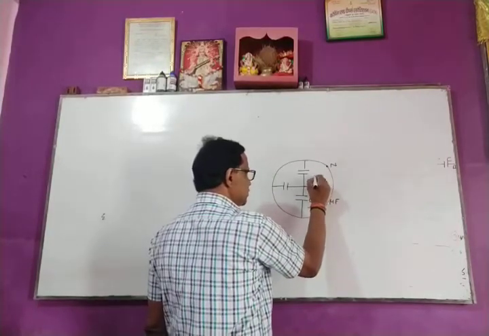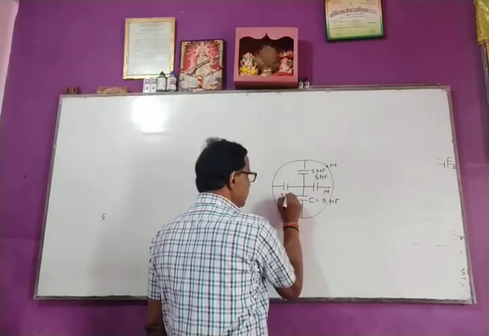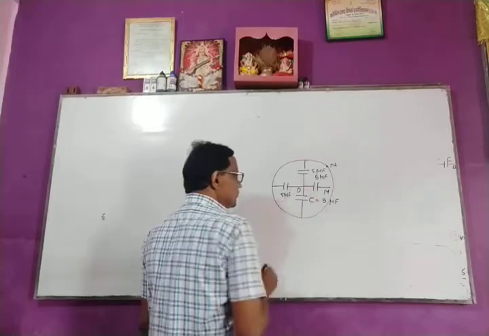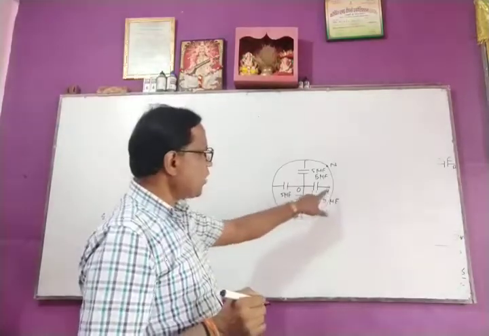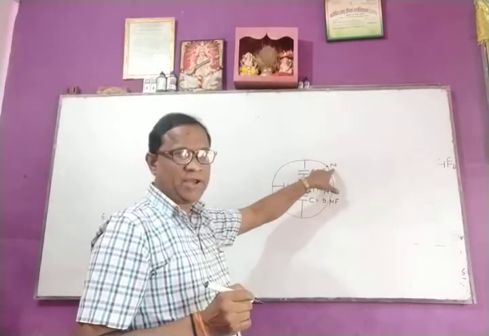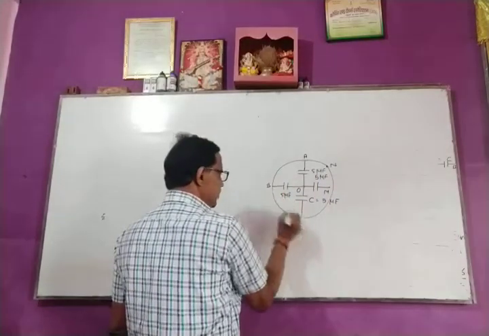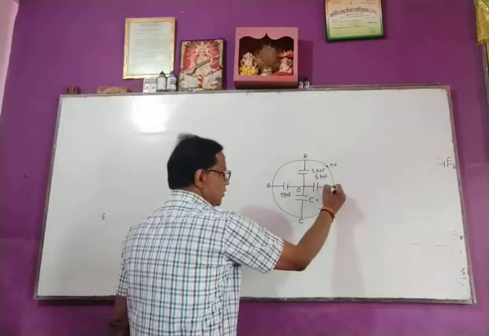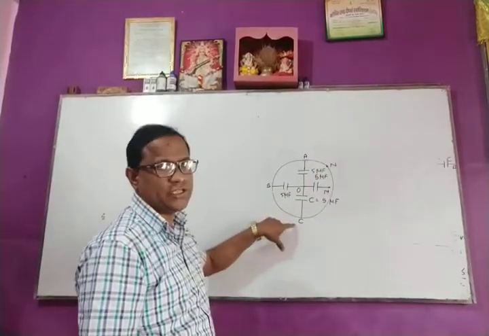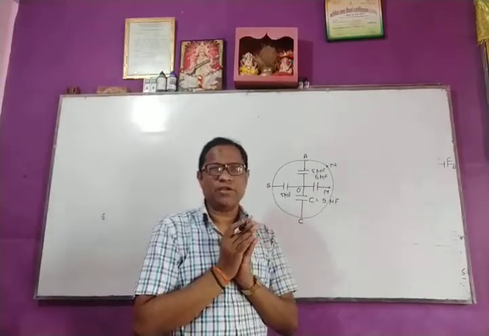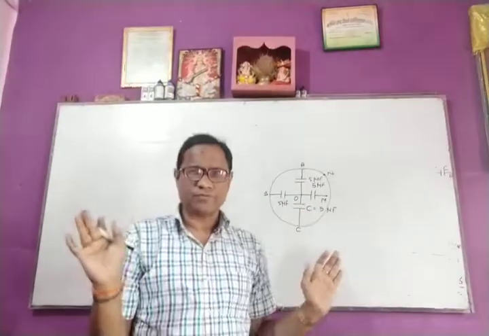Similar capacitors, 5 microfarad, 5 microfarad, 5 microfarad. Calculate the equivalent capacitance between points M and N. Suppose A, B, C. N, A, B and C all are connected by simple metallic wire.